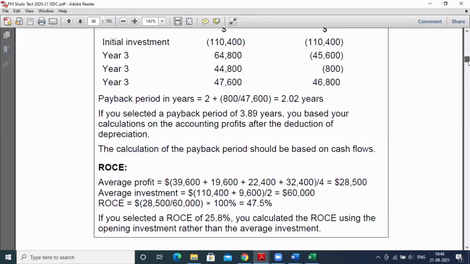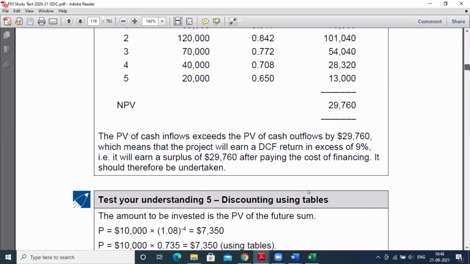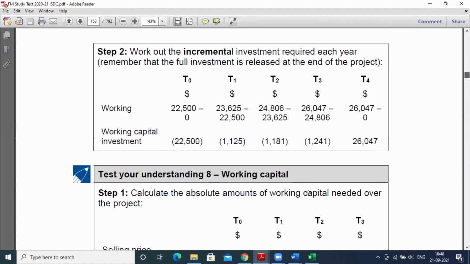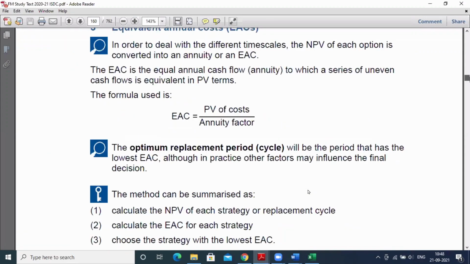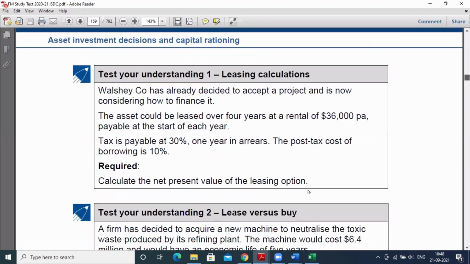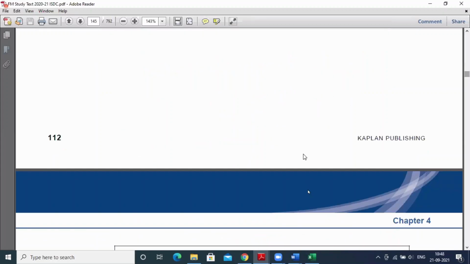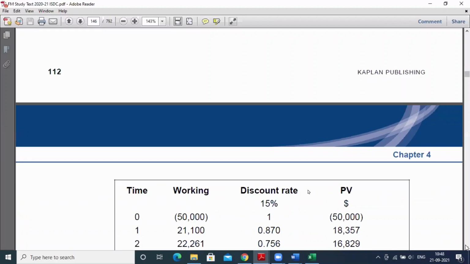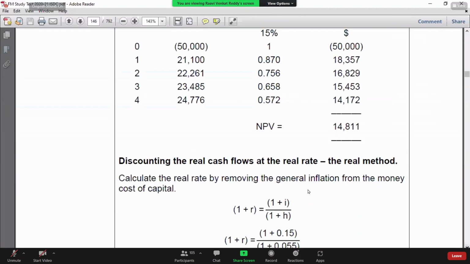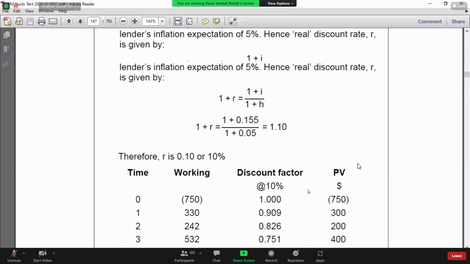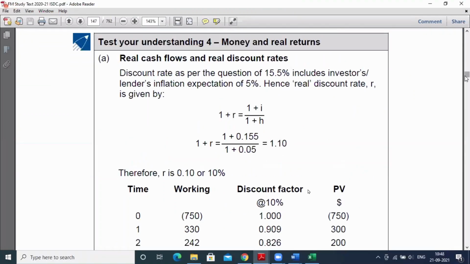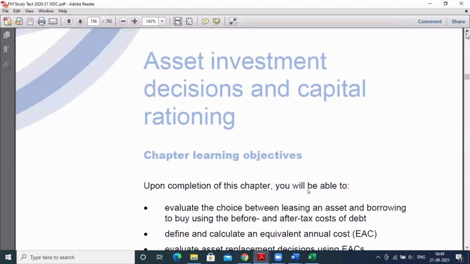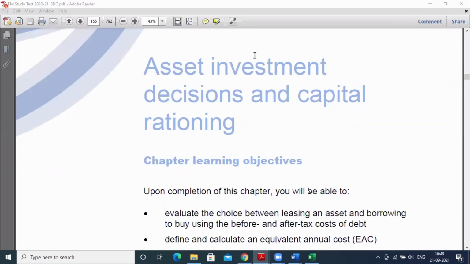Can you please let me know the page number? 121.